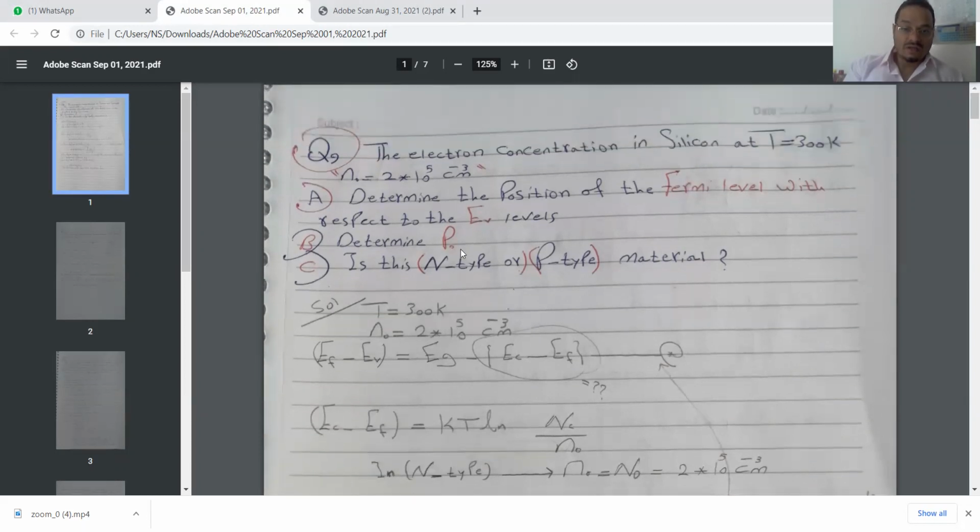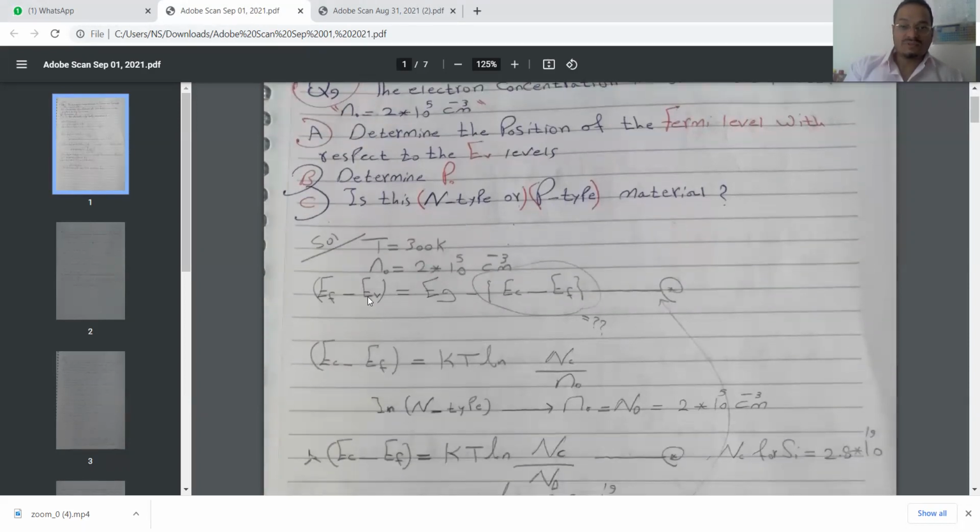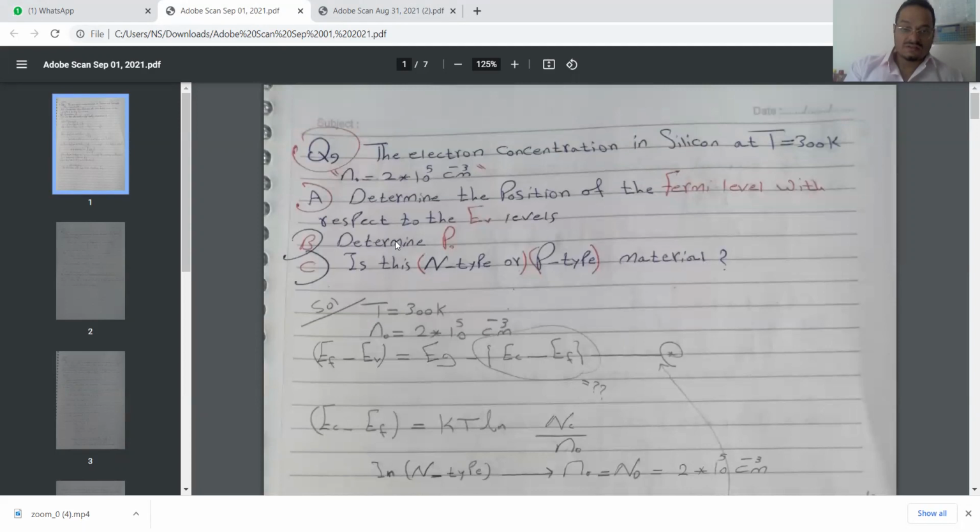This equation is important because we are asked to determine the Fermi level with respect to the valence band, that means EF minus EV, which equals the energy band gap of silicon at room temperature, which we know, 1.12 eV, minus the difference between the conduction band and the Fermi level.